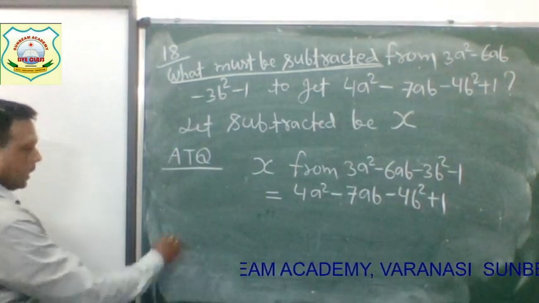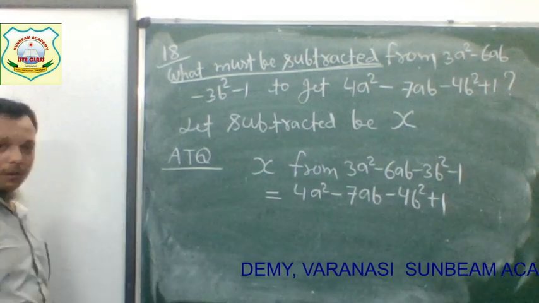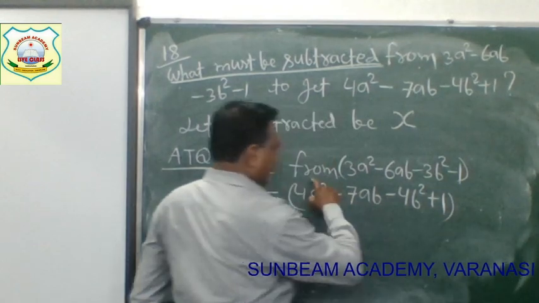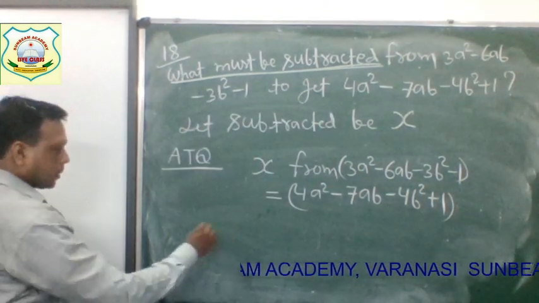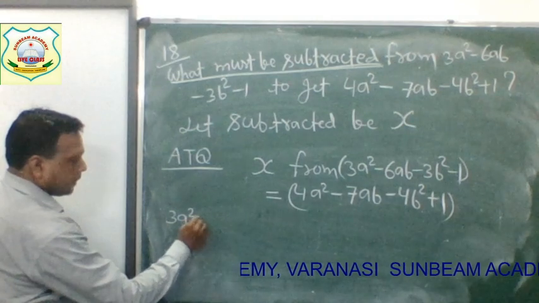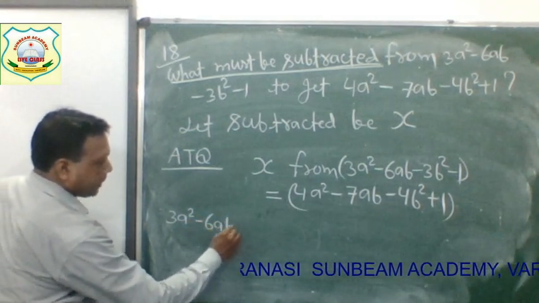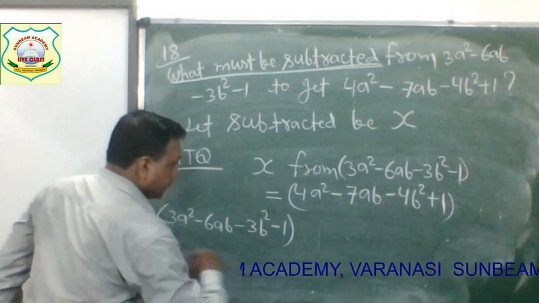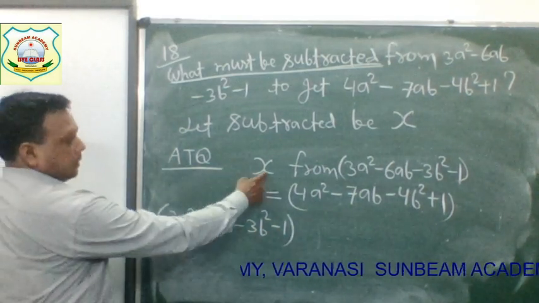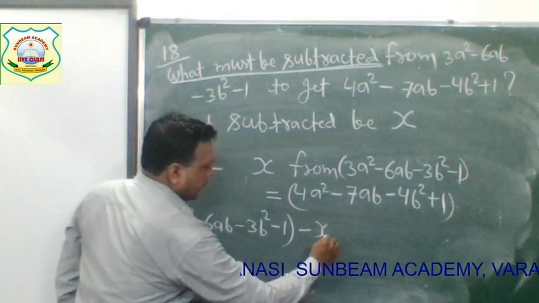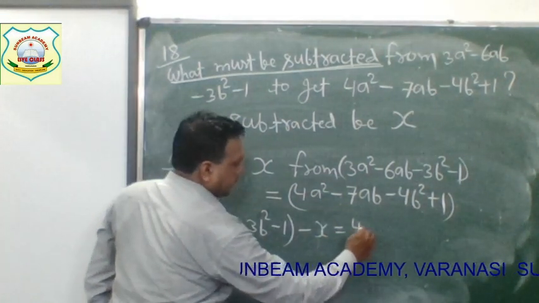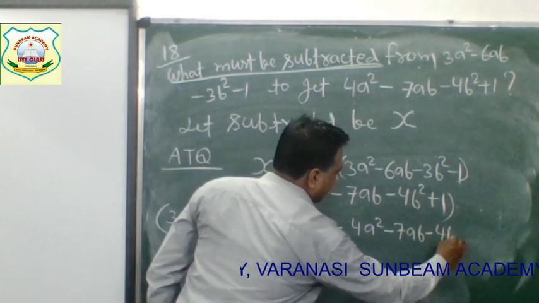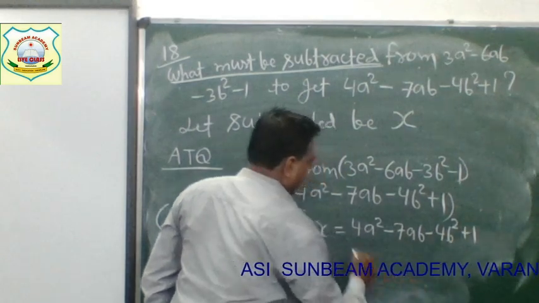Now students, x from this. So we will write this value first, because after from we are writing the value. So 3a square minus 6ab minus 3b square minus 1, subtract, minus x equal, what will we get? 4a square minus 7ab minus 4b square plus 1.